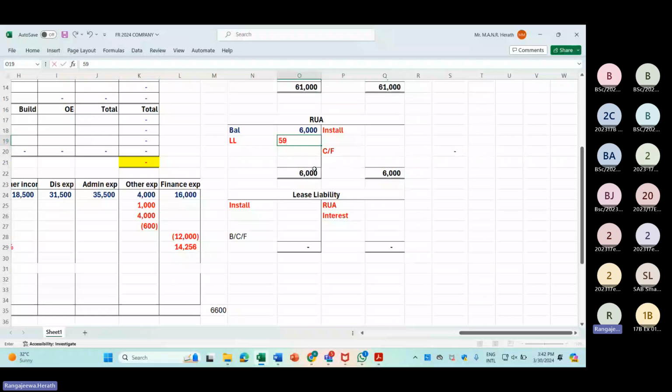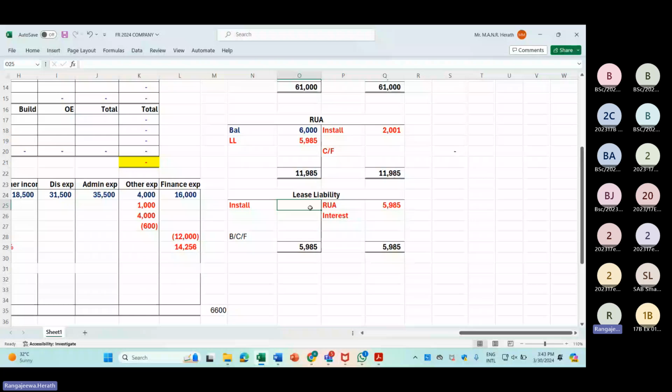Right of use asset debit, lease liability credit. Then you can keep the down payment within right of use asset, but the first installment 2001 was erroneously debited to right of use asset. That should credit right of use asset and debit the lease liability account.